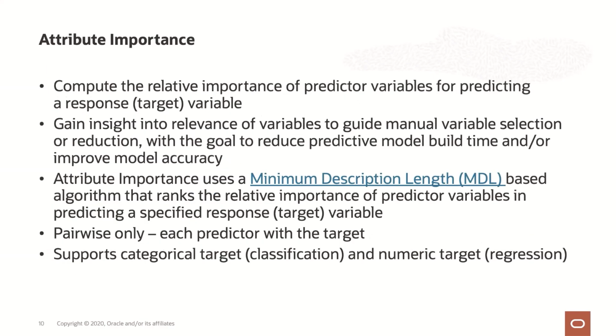So the basic attribute importance for Oracle, what we do is compute a relative importance of predictor variables versus a target. It is a very simplistic method because it's going to use a pairwise approach, checking the capability of each single variable to determine the outcome of your target.